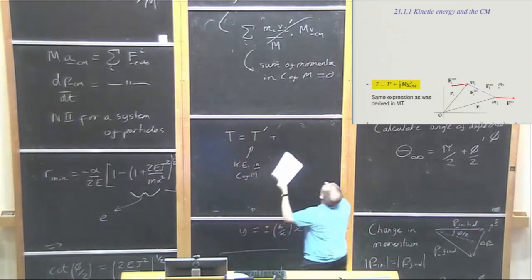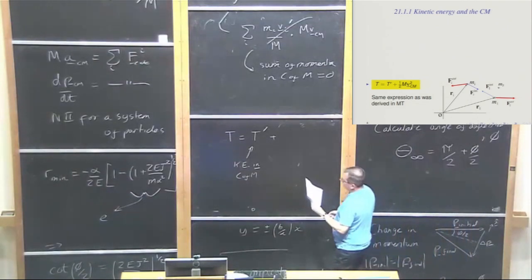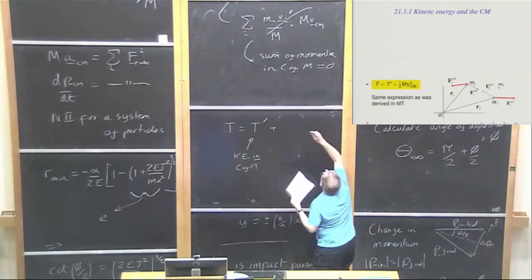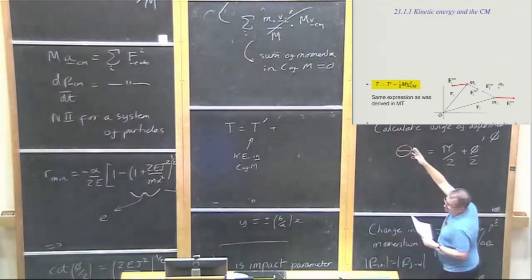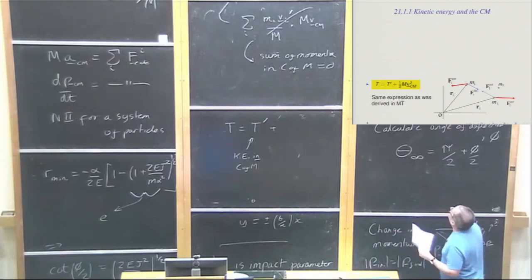So that is the term involving the v_i primes. And then this second expression, v_CM is a constant. It's the same for every particle. So the sum is just over m_i.